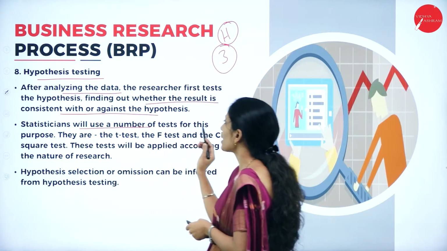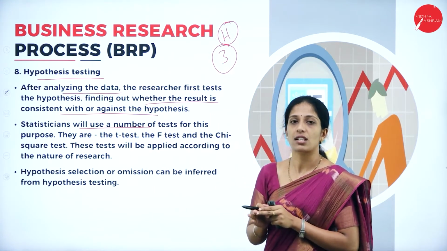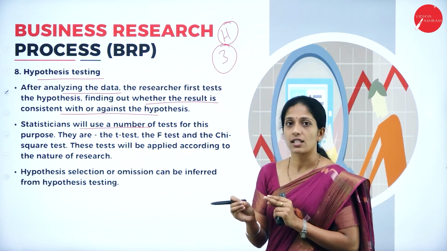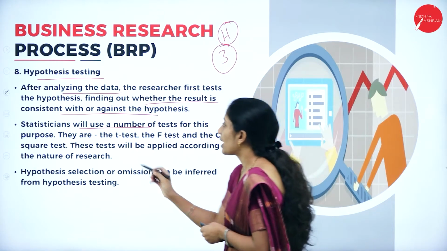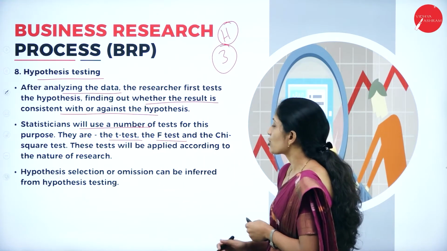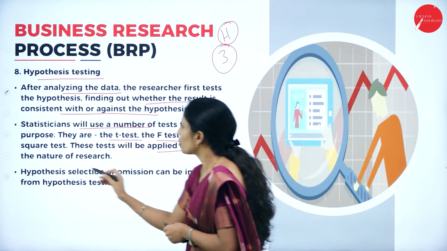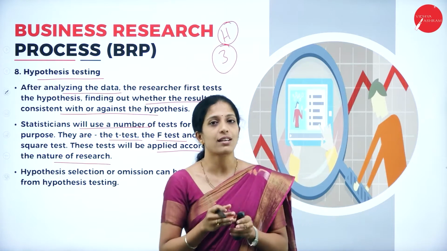Statisticians will use a number of tests for this purpose. So, they will use a number of statistical tools or statistical tests in order to test the hypothesis. They are t-test, f-test and chi-square test. These tests will be applied according to the nature of research. According to the nature of research, what will the researcher do?